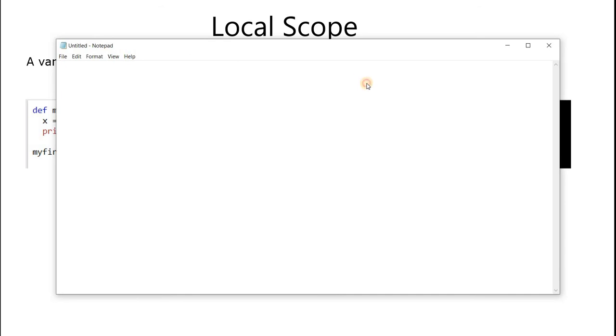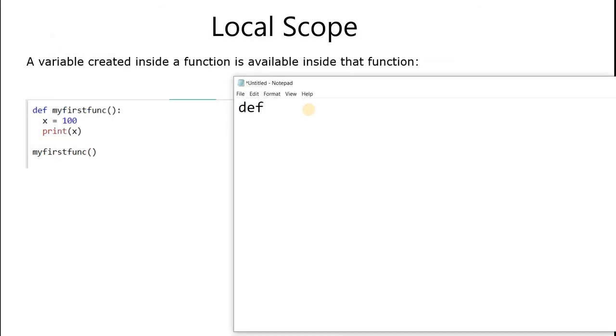All right, so guys, def, this is the syntax, and you can give any name here followed by a colon. If I give x is equal to 100 and print x, now if I want to print the value, I have to call this function by its name. If I don't call this function, I am not able to print the value in the console or in the compilation screen, right?